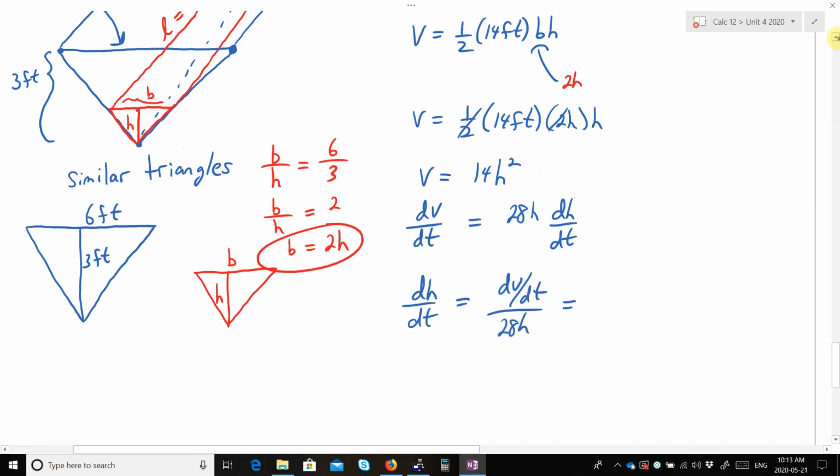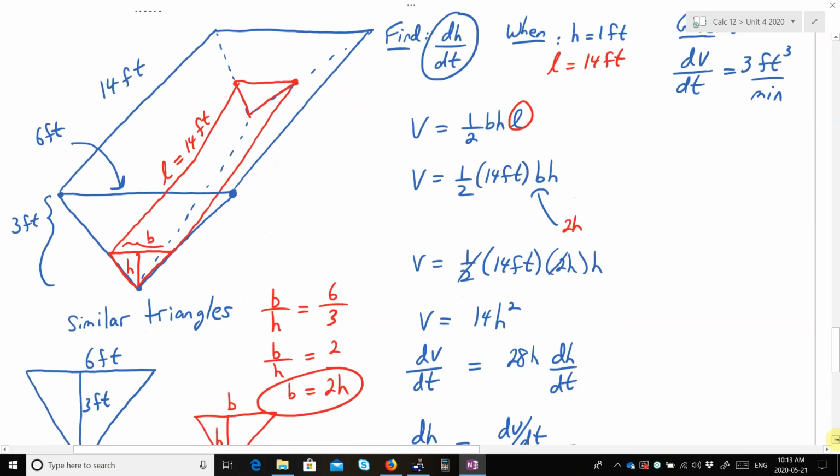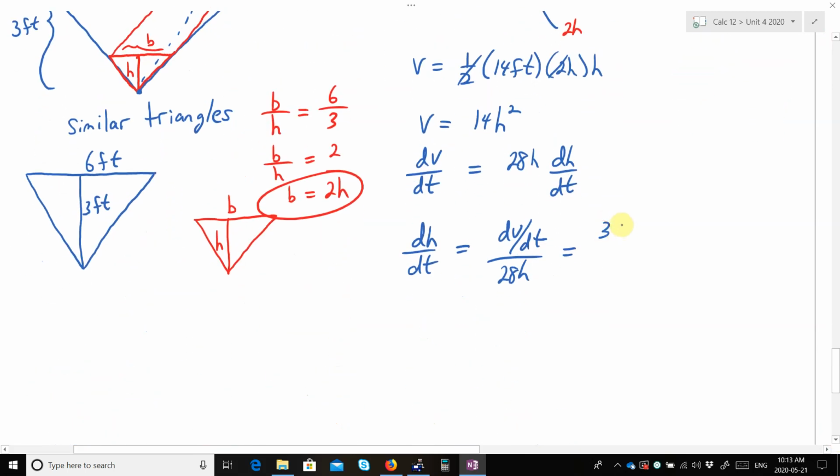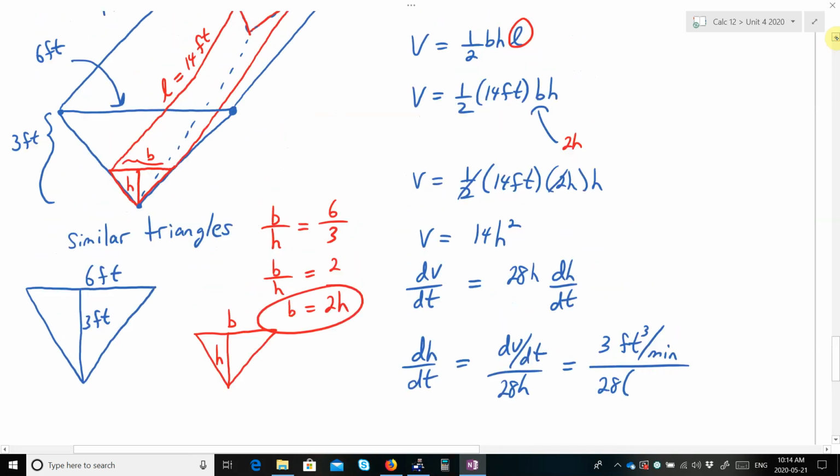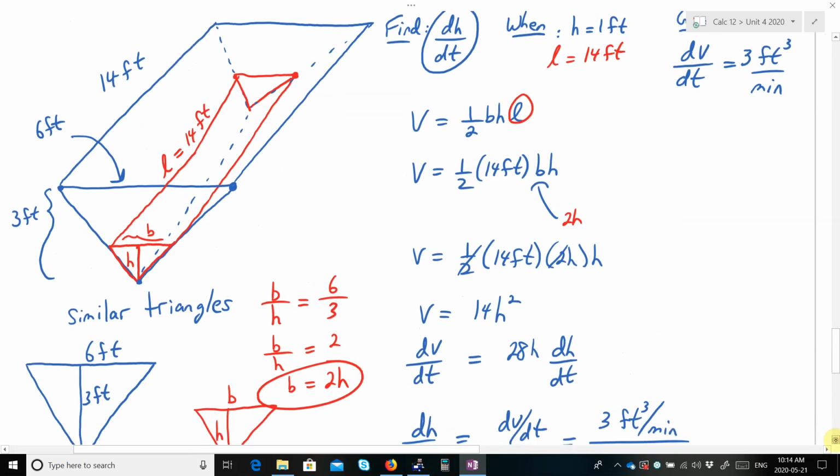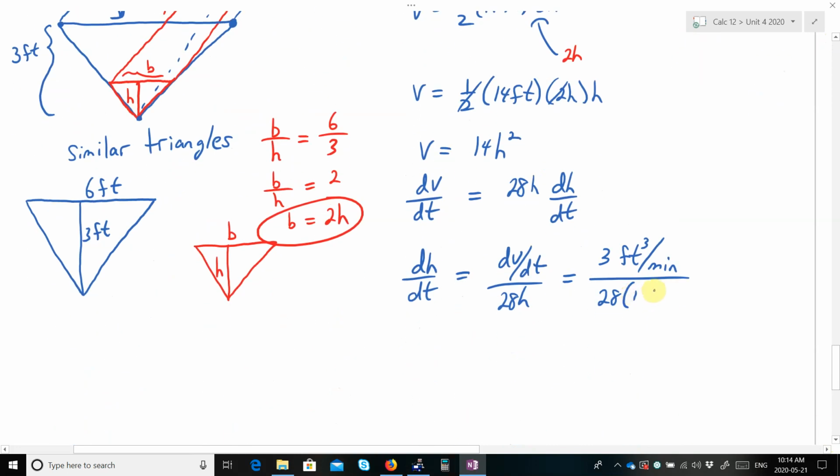And the dV dt is 3 cubic feet per minute, divided by 28 times, what's the h? At h equals 1 foot.